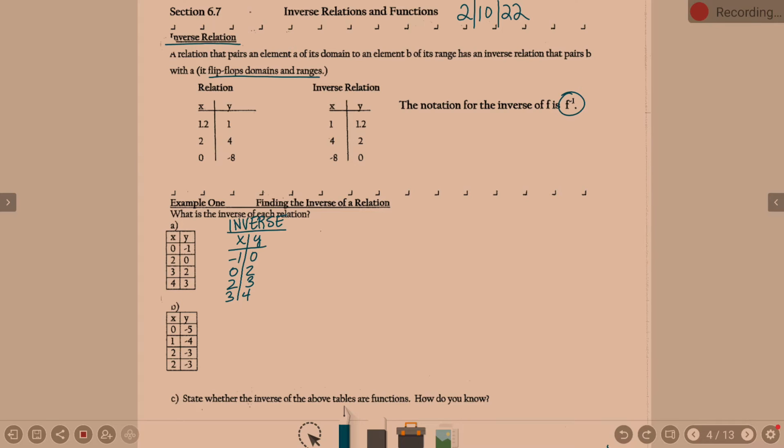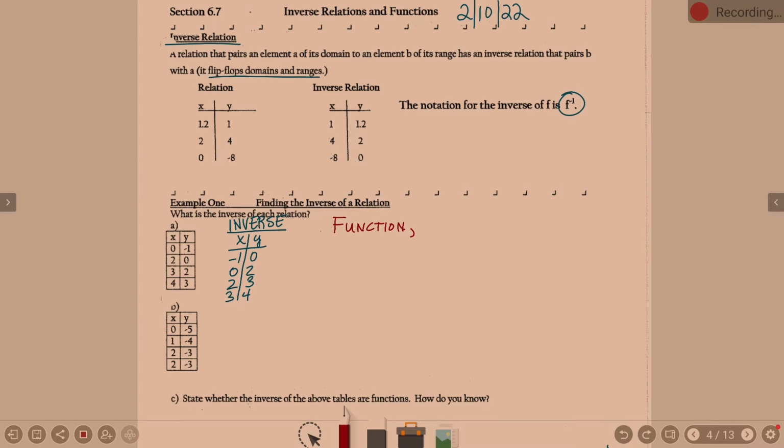Okay, so with that in mind, is this inverse a function? Do any of my x's even repeat? No, so I don't even have to consider anything there. So is this a function? And then explain. So I'm going to say yes, it is a function. And part of it is, yes, you can say that the x values don't repeat.